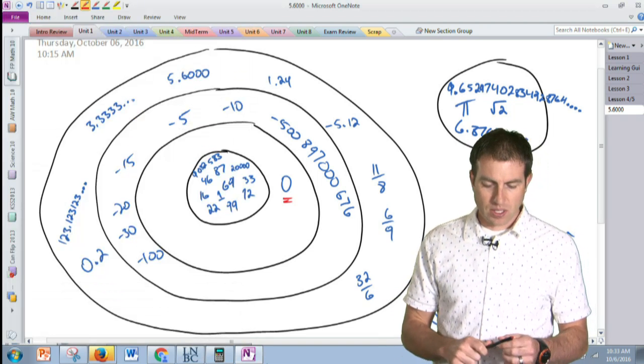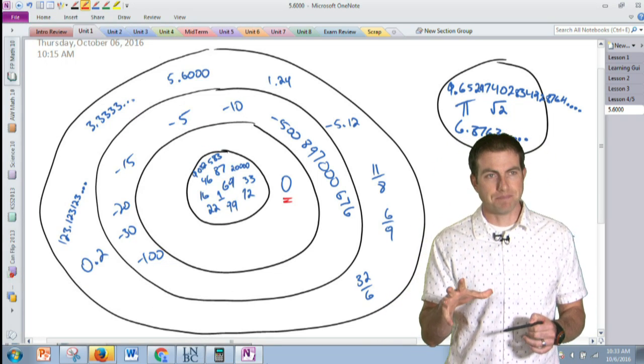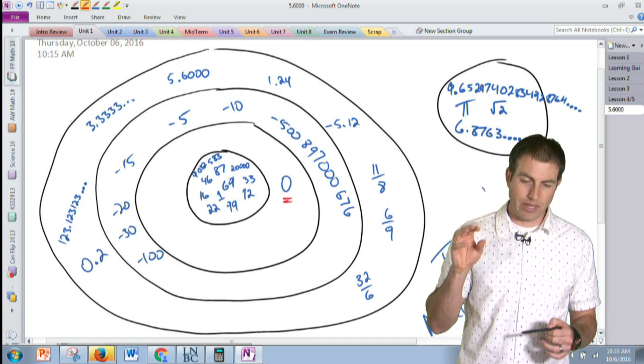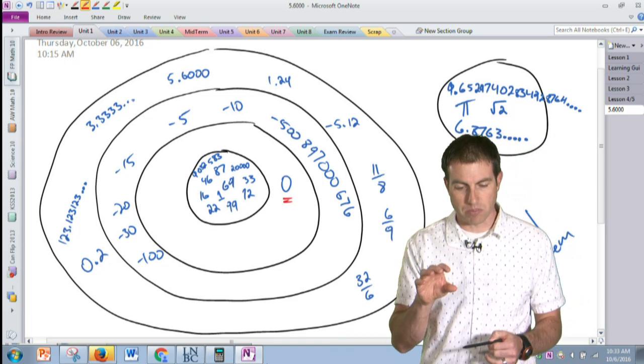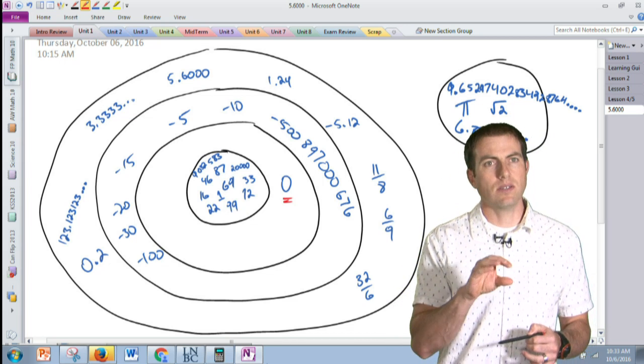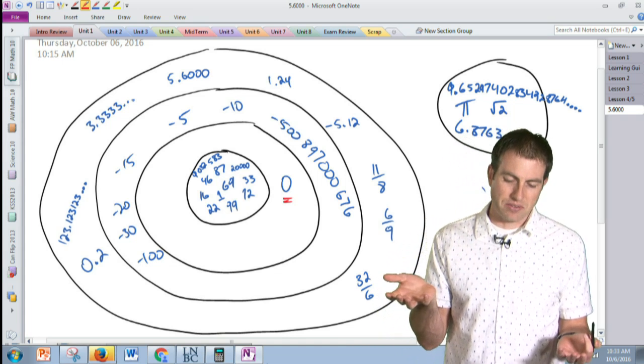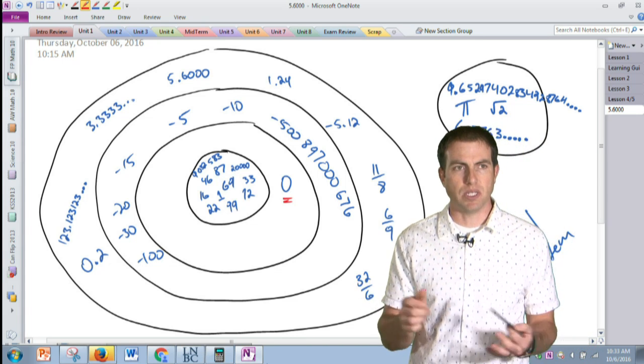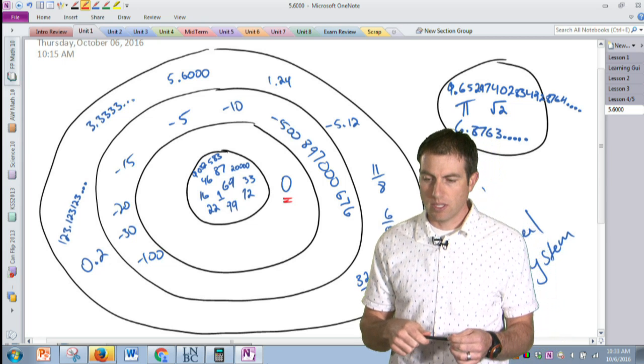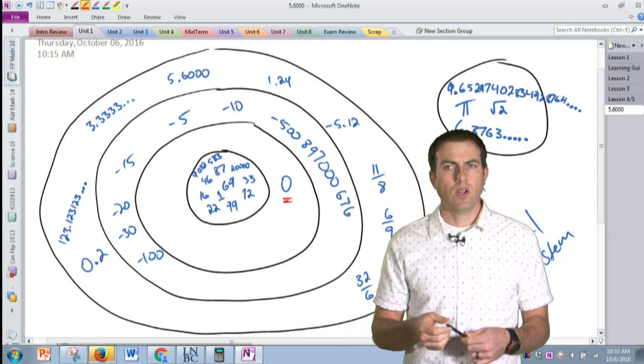All right, looking at what we have here, in the middle I have these numbers. Can anyone think of a definition of what these numbers are? How would we classify these numbers in the middle?